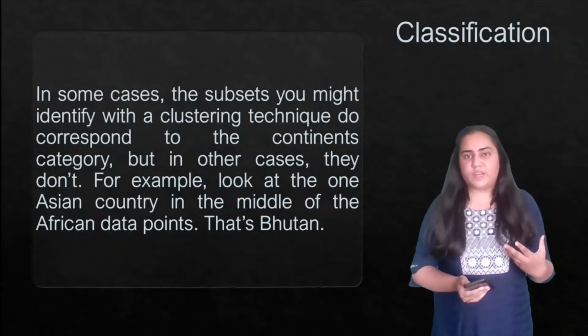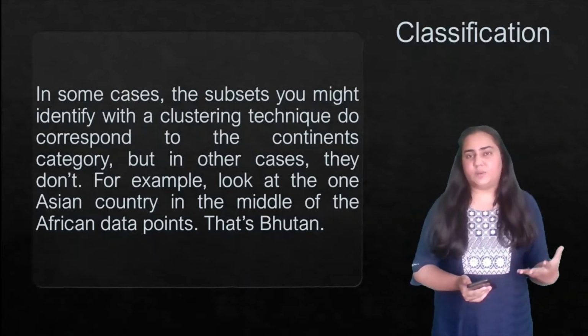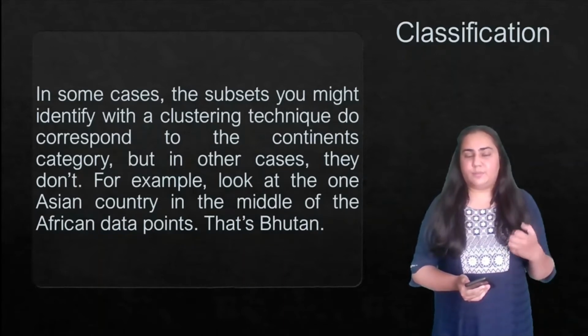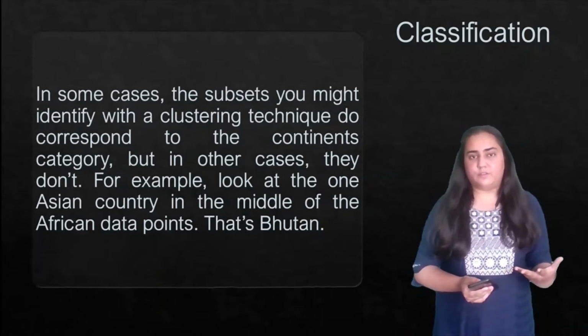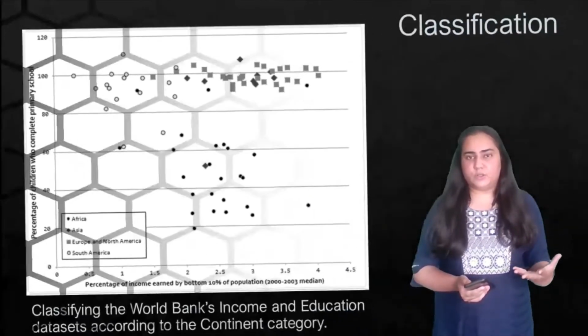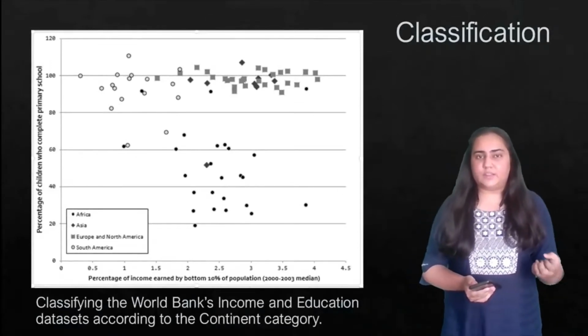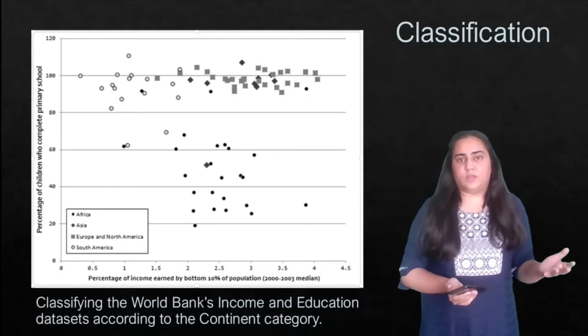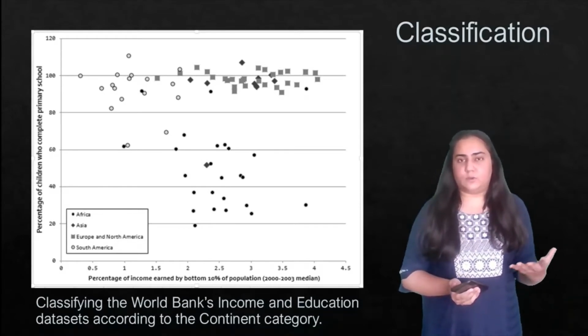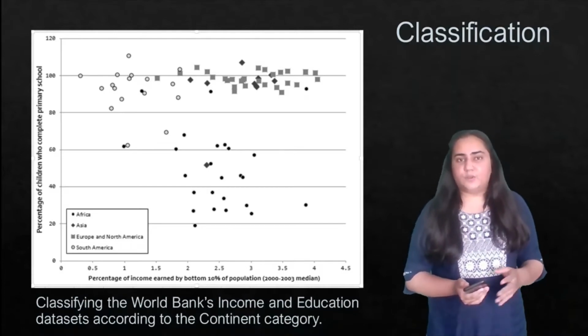You want to divide everything according to maybe continents, but when you are doing clustering, you are not able to do that, because based on your algorithm, some Asian country like Bhutan ends up somewhere in the middle of African data points. So this is the original data, and sometimes there could be a country that ends up in some other continent altogether, just because the clustering algorithm does not use any labels.